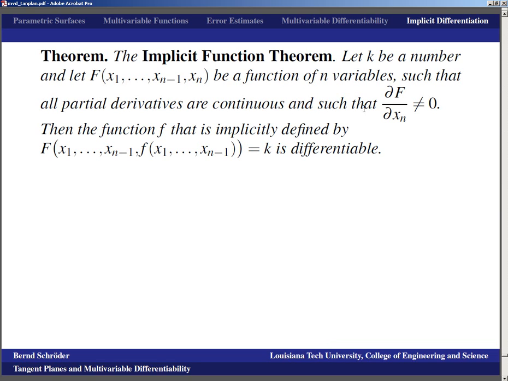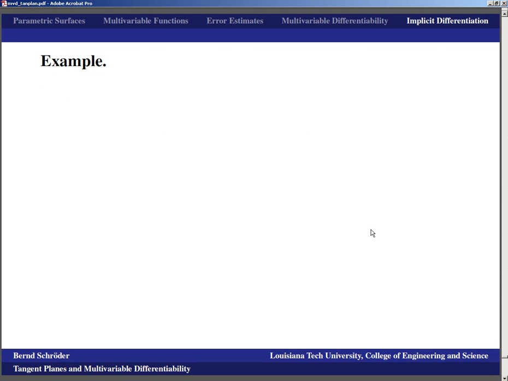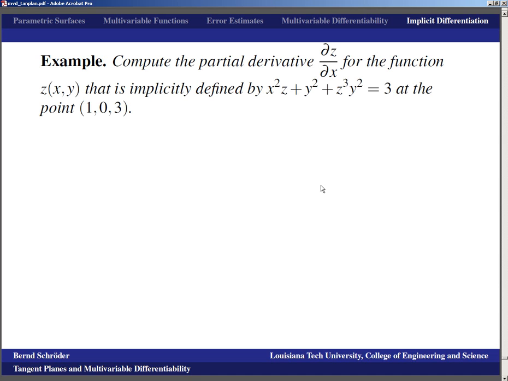The interesting thing is this implicit function theorem is actually quite sophisticated to prove, which is why we're not going to do that in an introductory calculus class, be it multivariable or not. And we're going to finish with a quick computational example.